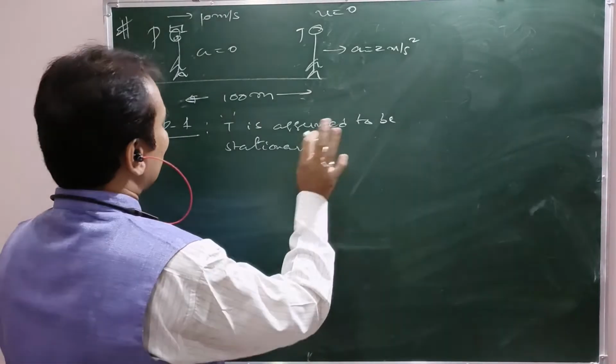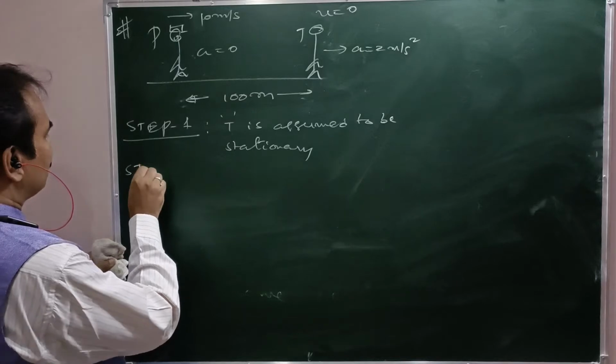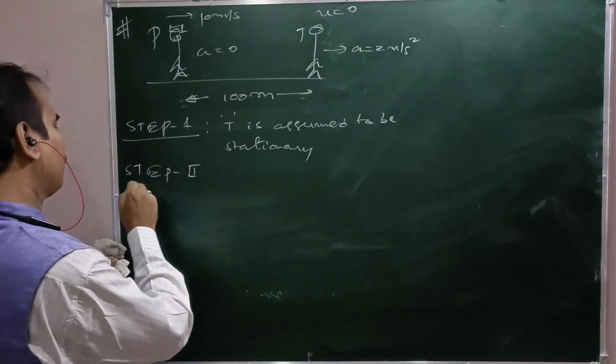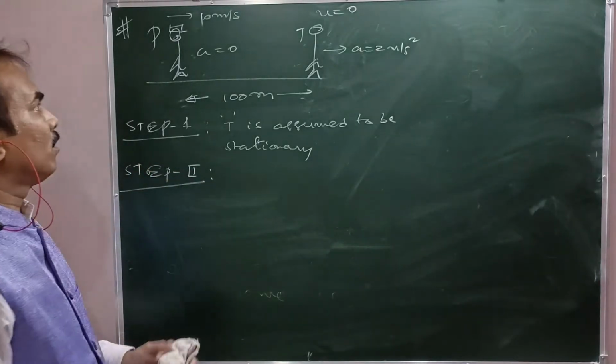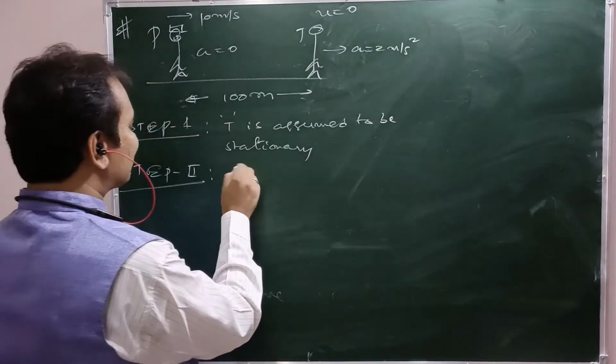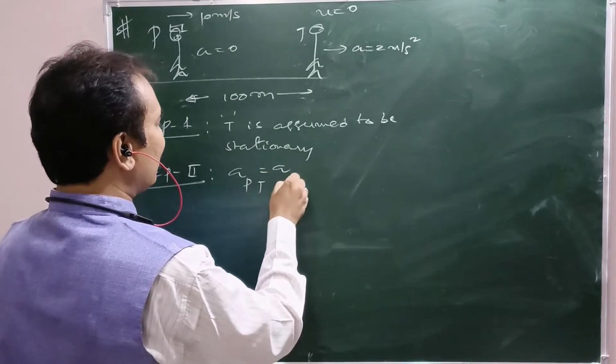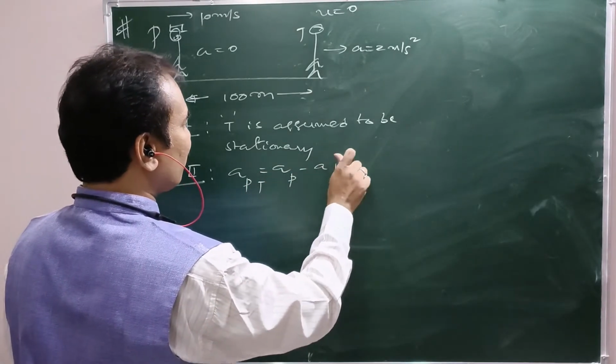So T is assumed to be stationary. Right? Okay. Now step 2. Find acceleration of policeman with respect to thief. So acceleration of policeman with respect to thief is equal to A police minus A thief.